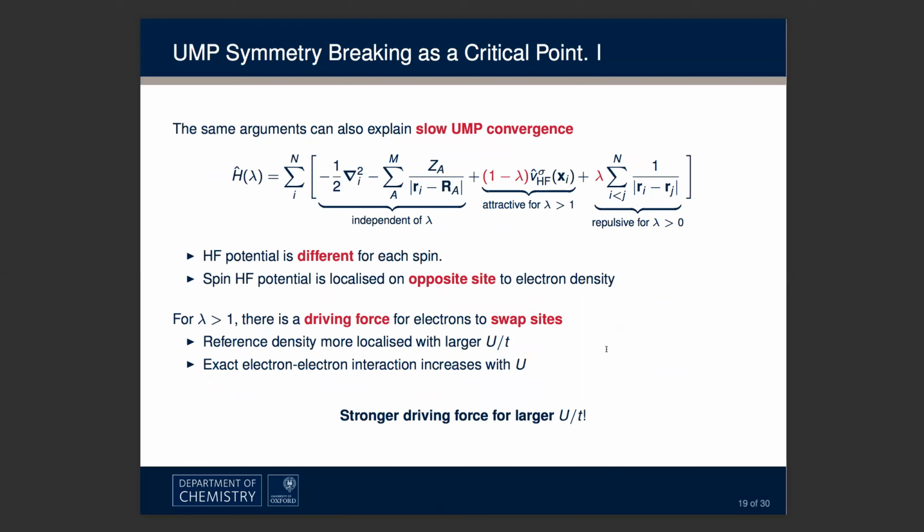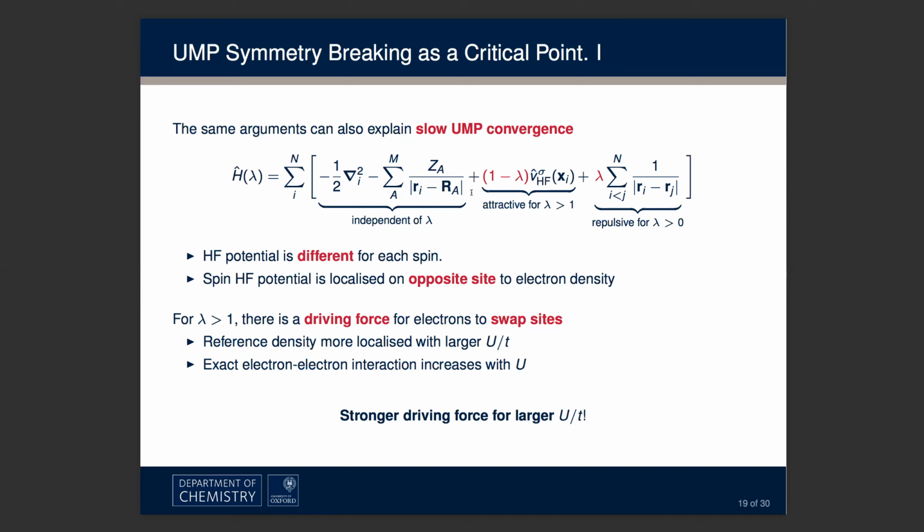And the important thing to recognize here is that the Hartree-Fock potential is different for each electron because they have different spins. And in particular, the Hartree-Fock potential for one of the electrons, or the spin up electron, is controlled by the electron density of the spin down electron.